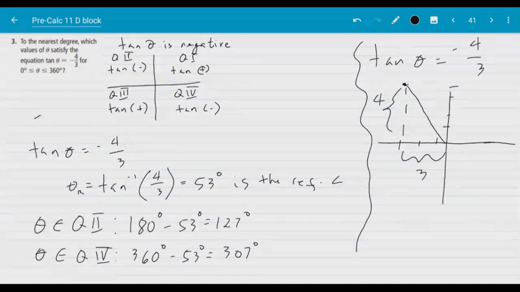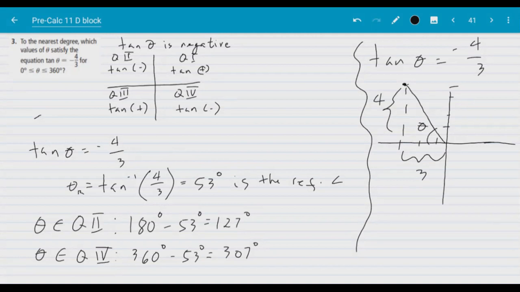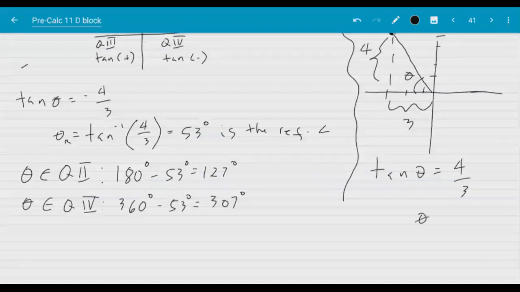So the question is, what is this angle here? Tangent of my theta would be opposite over adjacent. If you use your calculator, you will see that in this drawing, tangent of theta equals 4/3, and theta will be equal to, hold on.